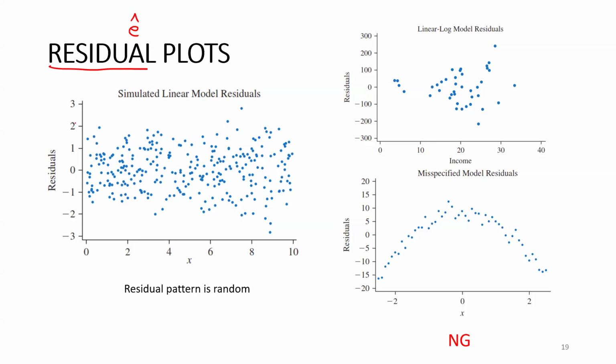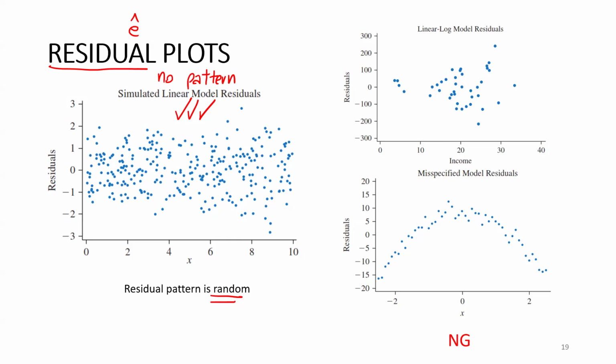You plot error hat, and for a good model, the pattern must be random. So this one is the good one. Your error is random, it means your error has no pattern. It just occurs randomly. You don't know how to predict any error.